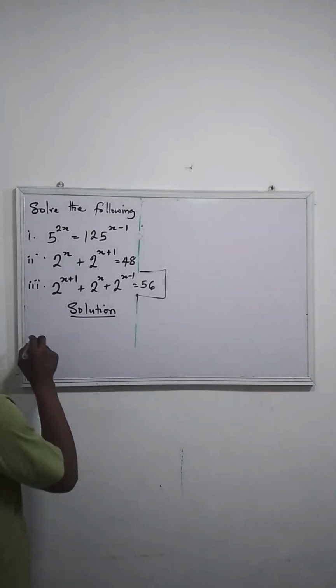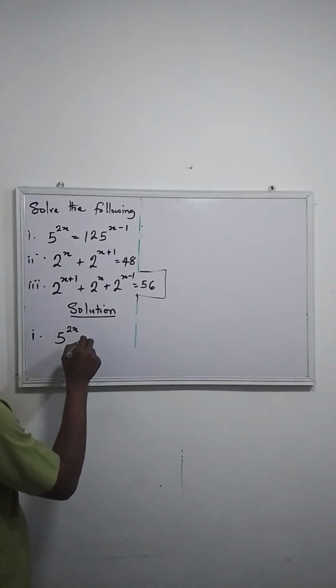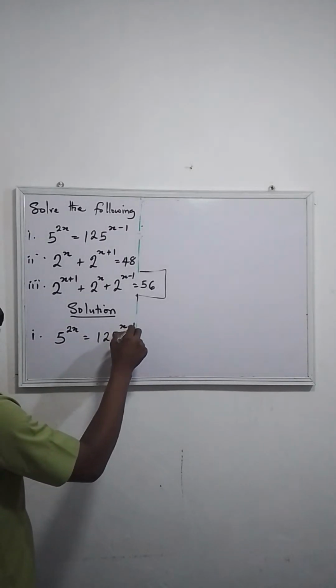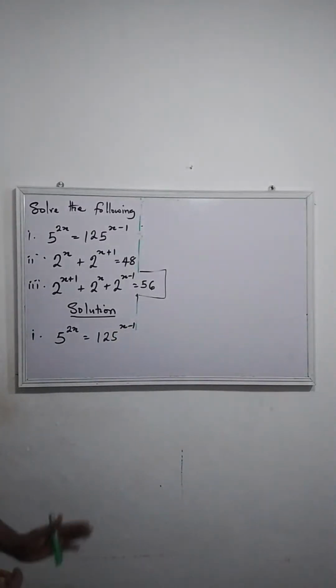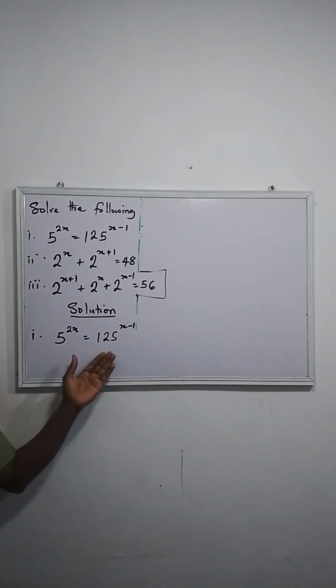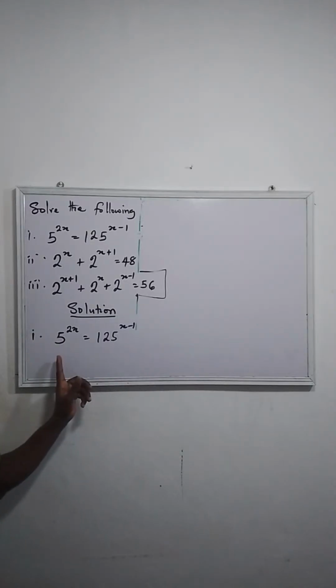Now let's look at the first one. We have 5 raised to the power of 2x equals 125 raised to the power of x minus 1. Now what's the first thing to do? You look at the two sides of the equation and ensure that they have the same base.